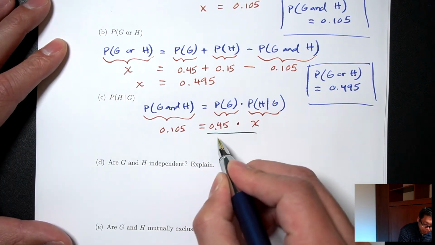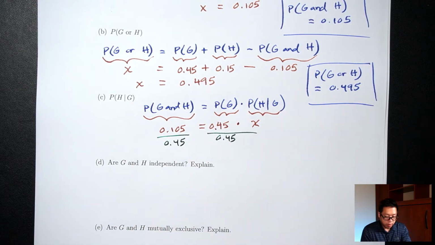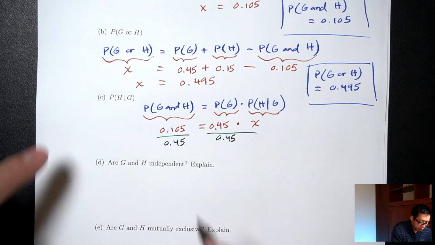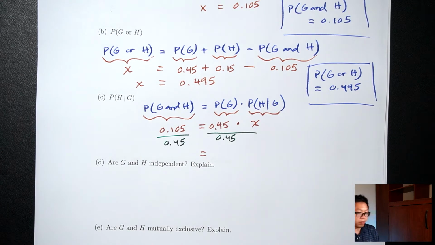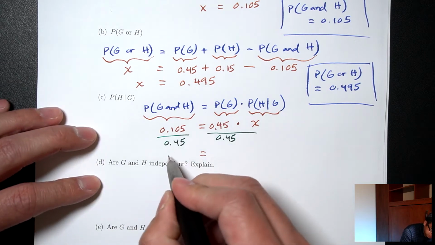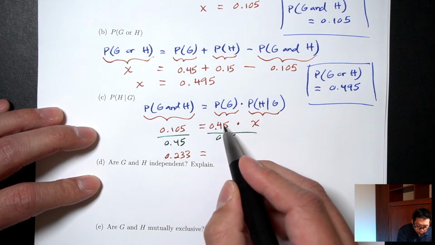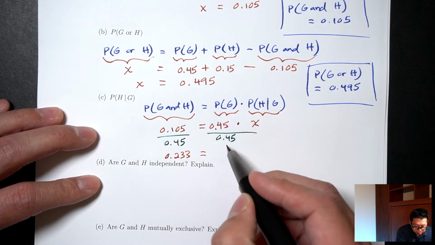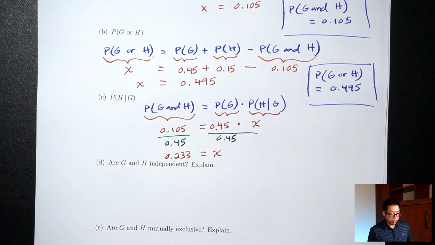All right, so on the left side, we're just going to do that math. 0.105 divided by 0.45, rounded to 3 decimal places, is 0.233. On the right side, 0.45 multiplying and then dividing by 0.45 will cancel each other out and you'll have just X. Now X is by itself, so we're done.